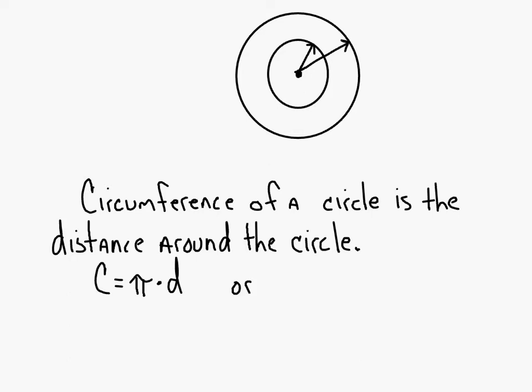Or you can use the formula circumference is equal to 2 times pi times the radius. The pi button is on your calculator, and if you hit it, it gives you 3.14.